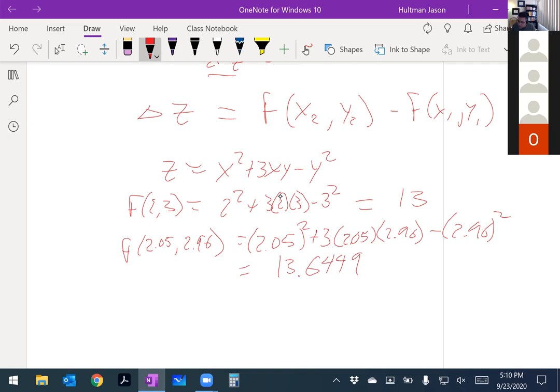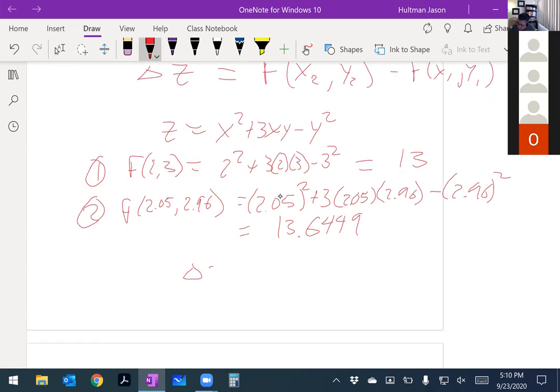Okay, so this is my second point, this is my first point. If I subtract those, what do I get for delta z? I get 0.6449, which is close to 0.65. Okay, there was some error there, but it was a little easier to calculate.